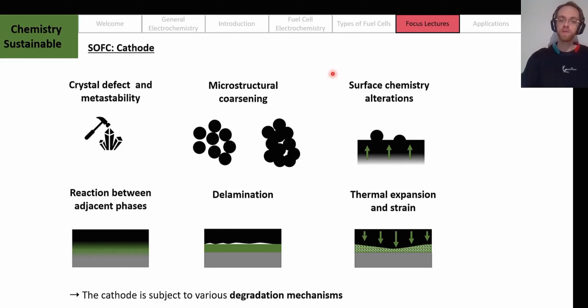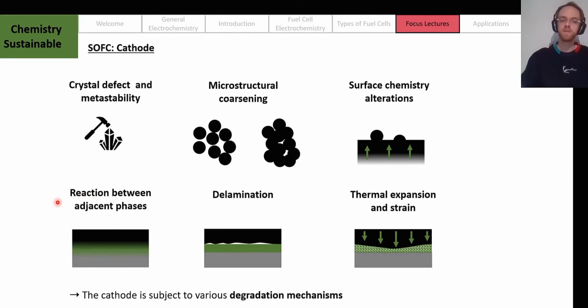Also, surface chemistry alterations might happen. So, for example, if you introduce dopants in your material, and as we've seen, that's pretty typical, it might migrate out of there to the surface and do effectively a phase segregation, and a loss of activity of the main bulk material might be the result of that.